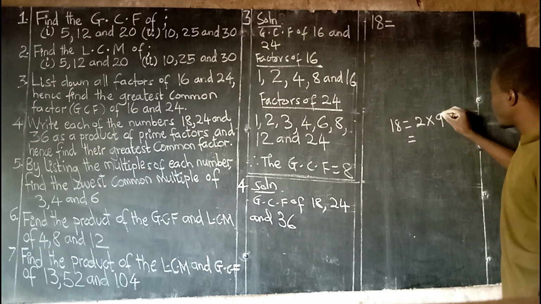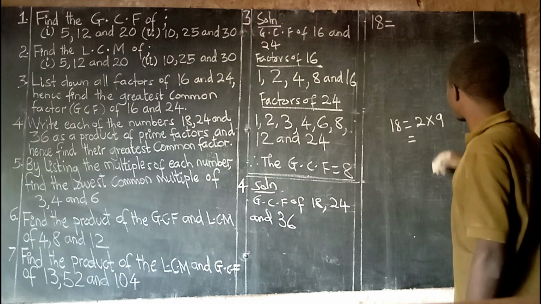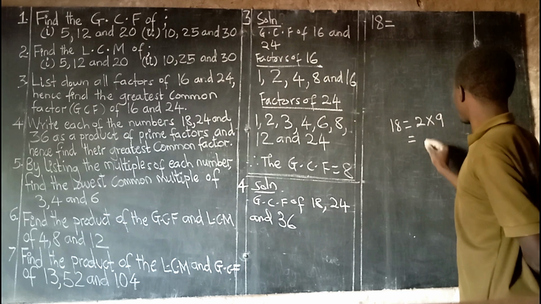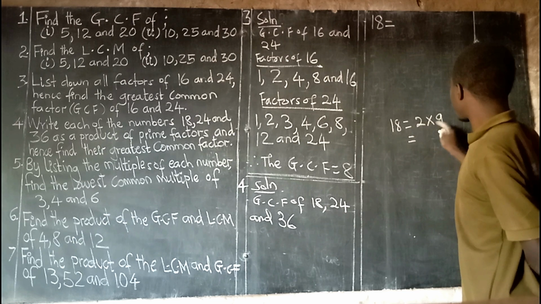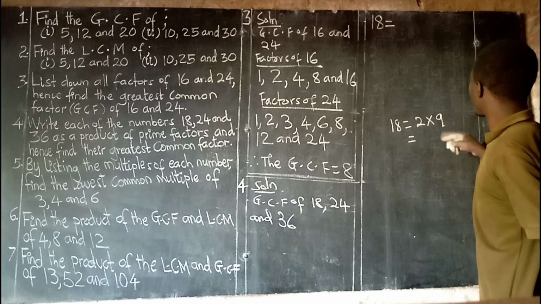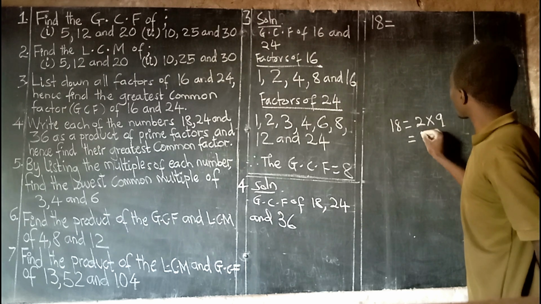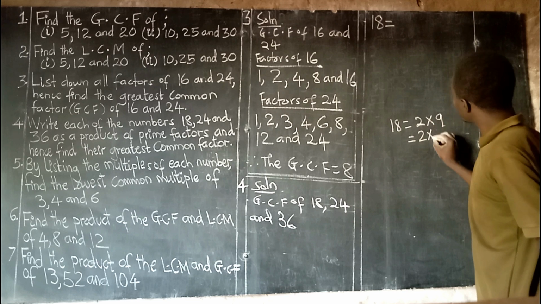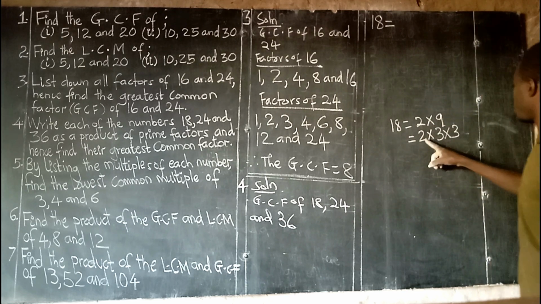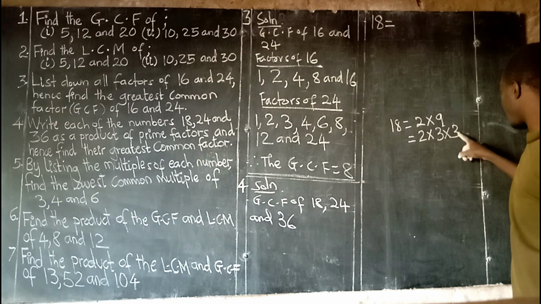So just divide 9 so as to get the smallest numbers which are prime factors. So we are going to take 2 times 3 times 3. 3 times 3 is 9, but 3 and 3 are prime factors.